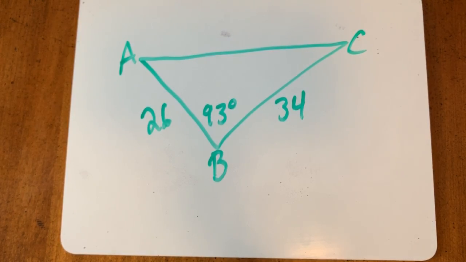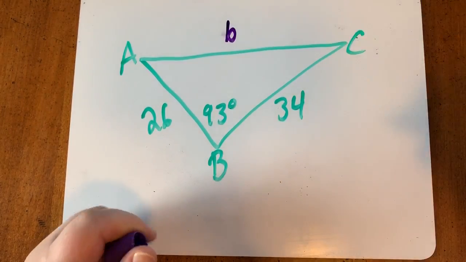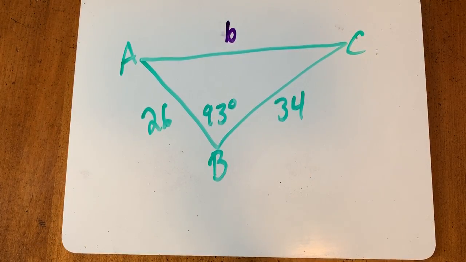So we're missing angle A, we're missing angle C, and we're missing side B. Since we only know one angle, we can't just say that all three angles add up to 180 and solve that way, because we'd have two unknowns.